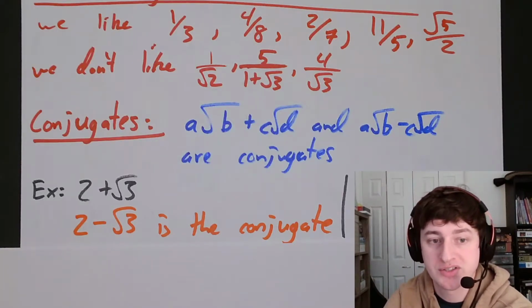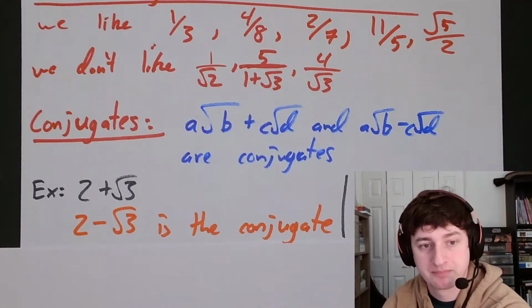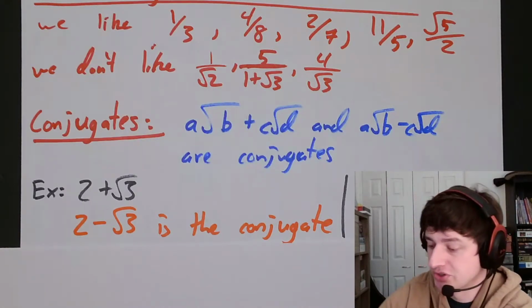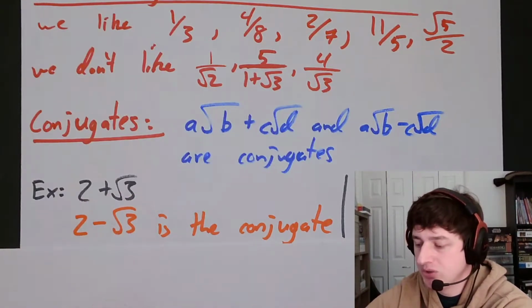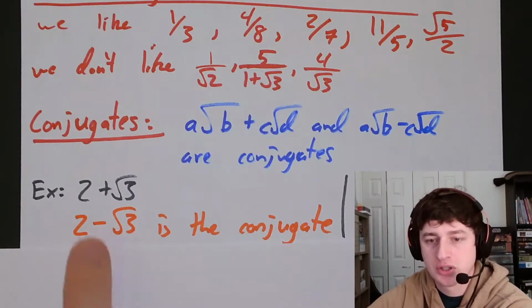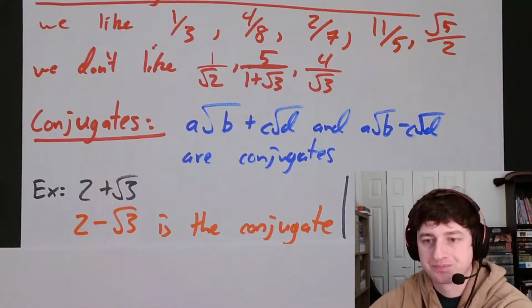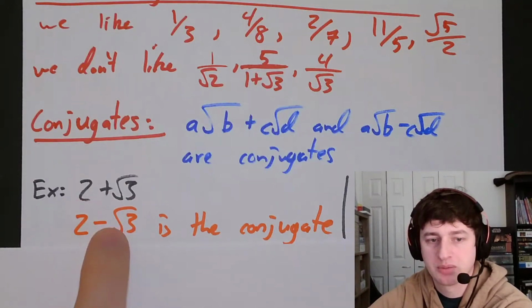So we're changing the sign and keeping all the values the same. If we started with 2 plus the square root of 3, the conjugate is 2 minus the square root of 3. So the values are all the same. We just changed the sign in between them.